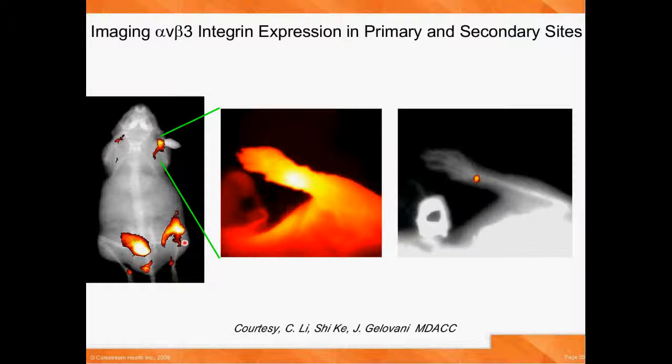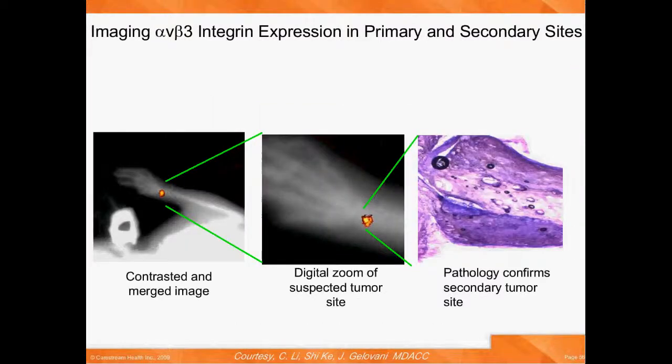What was interesting about this experiment is that they saw fluorescence coming from an unexpected site, the upper paw. They then zoomed in and were able to discern that there is a nice hot spot here at the wrist. They could then guide histology by looking at the fluorescence image co-registered on the X-ray and confirm that there was hyperplasia at this site.